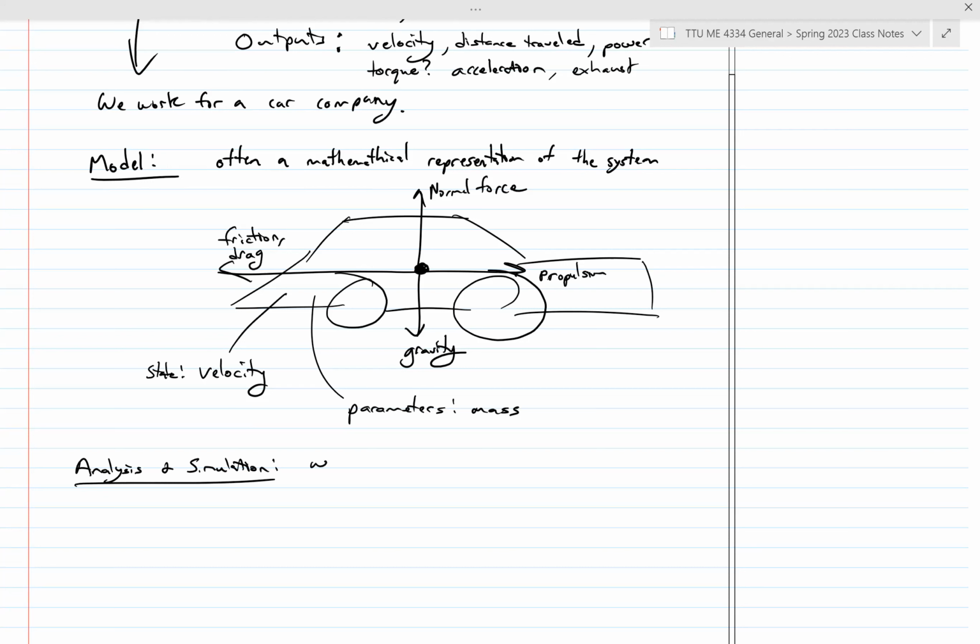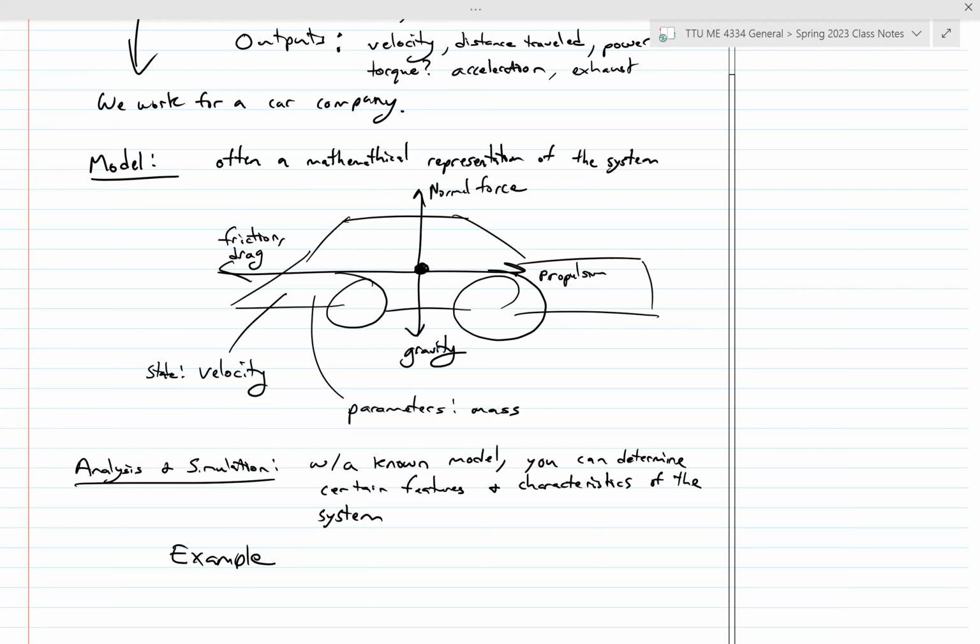With a known model, you can determine certain features and characteristics of the system. Right? That could be power, right? Maybe some sort of power metric we can determine from our model, right? Or from simulating it.